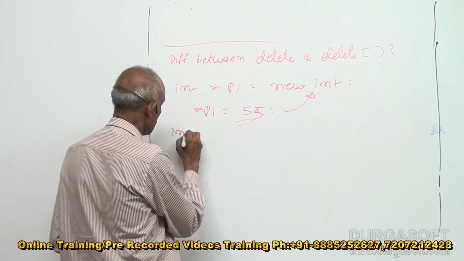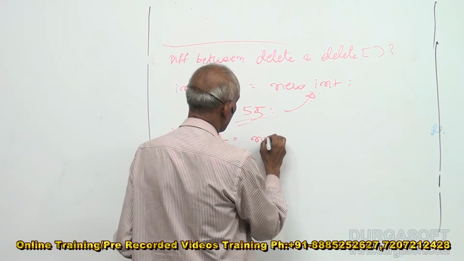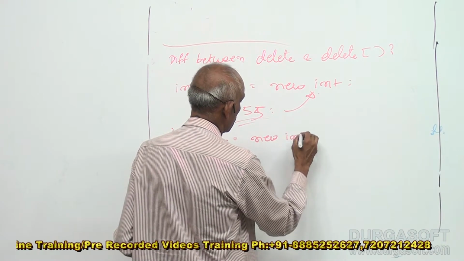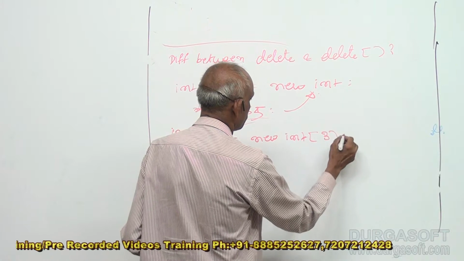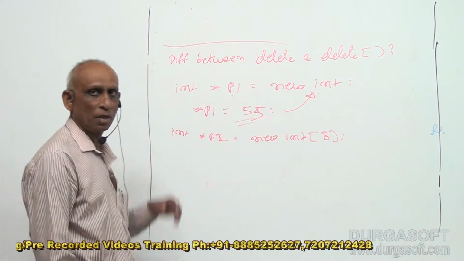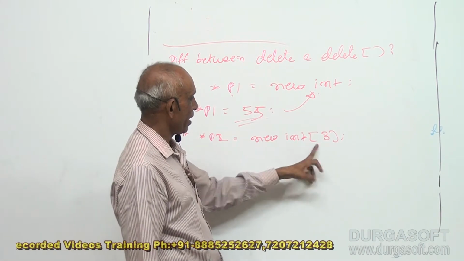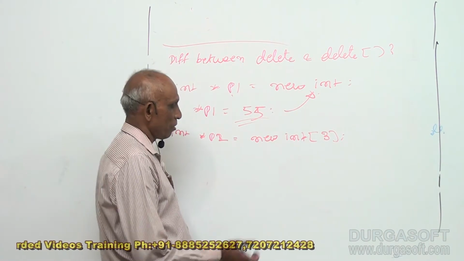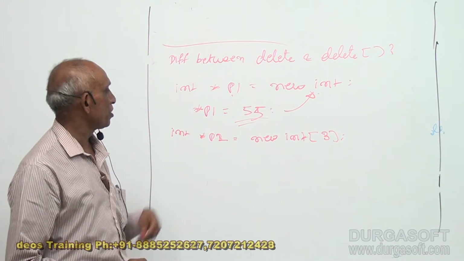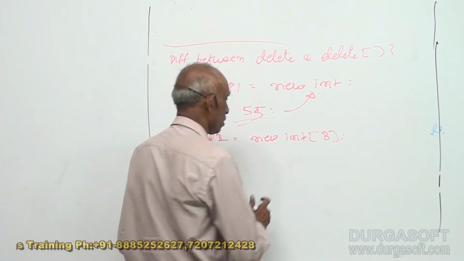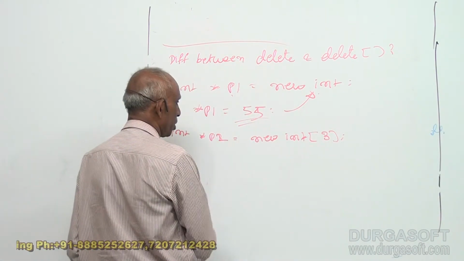Suppose I say int star p2 is equal to new int 3. Now here what I am doing, new int array 3 means I am allocating an array of integers, a 3 element array of integers. So I allocated a 3 element array assigned to p2.